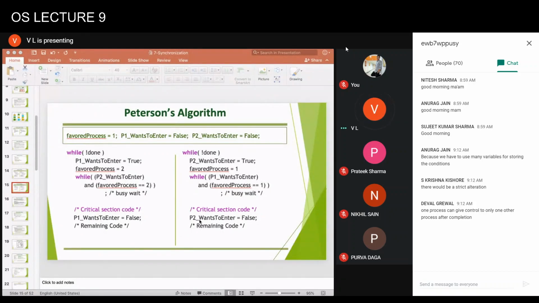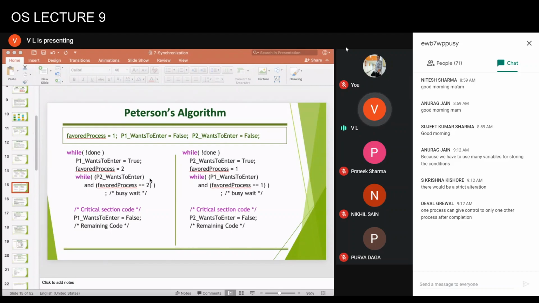Okay. Now, if there are multiple processes, then what would happen? It's quite possible that multiple processes want to enter the critical section, so favored process will be a number from 1 to n, isn't it? Depending upon which processes want to enter, only one of the processes should be able to continue.